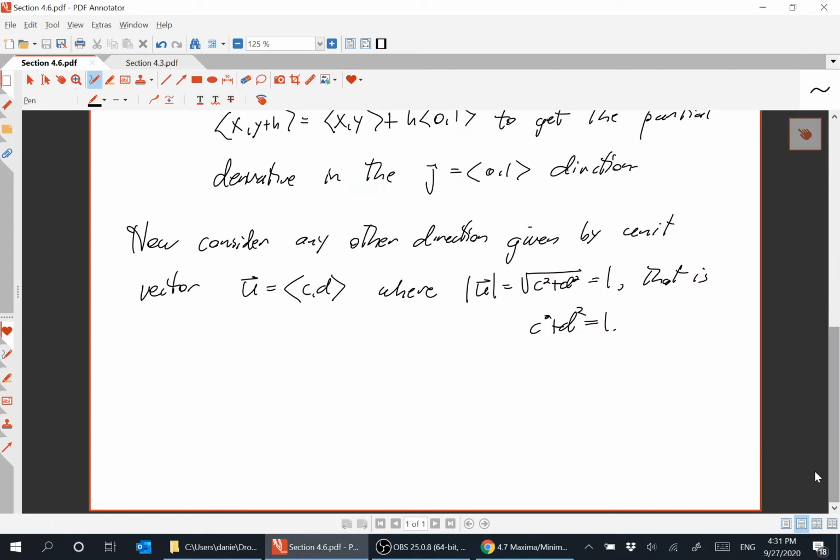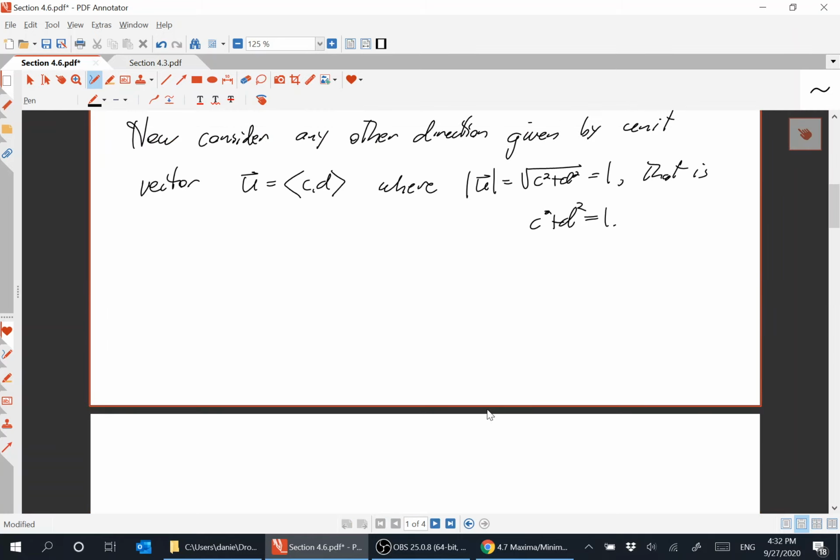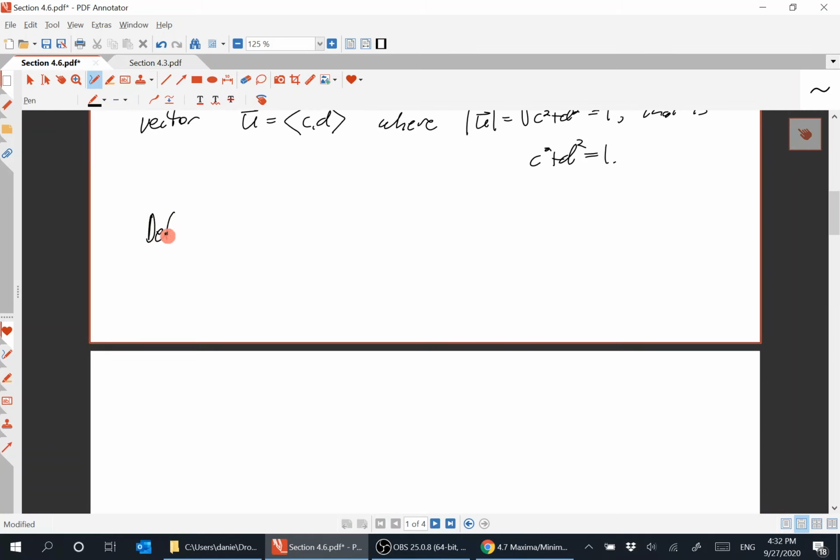And now let me do it on the next page. Define the directional derivative for u as follows.